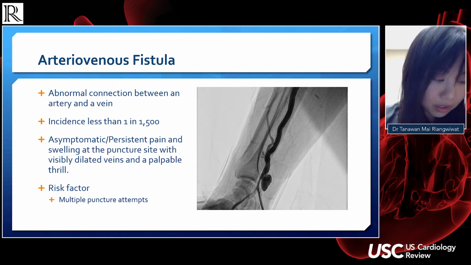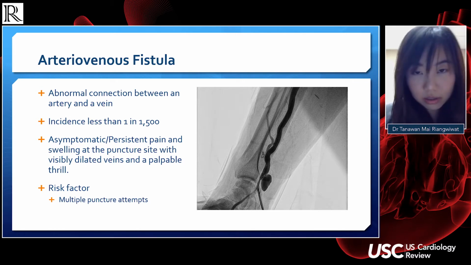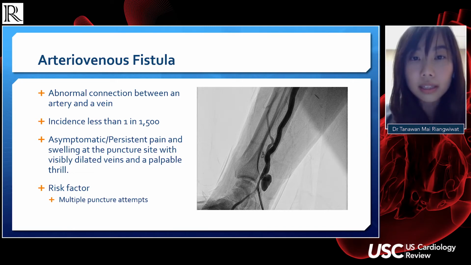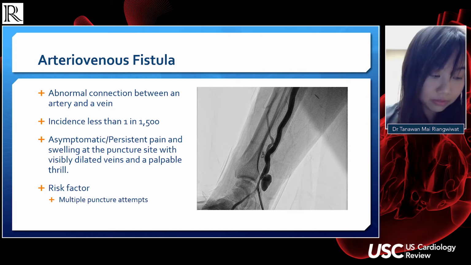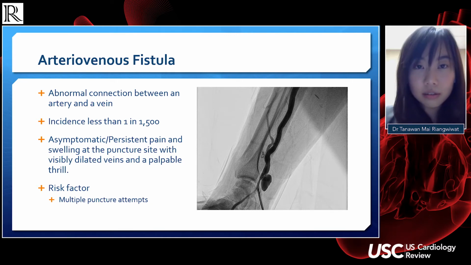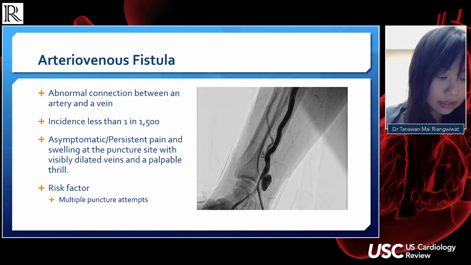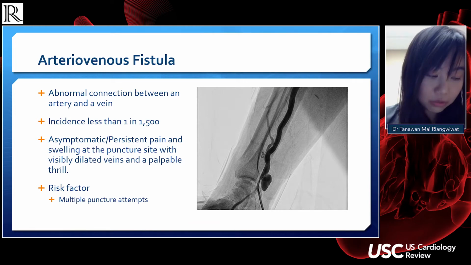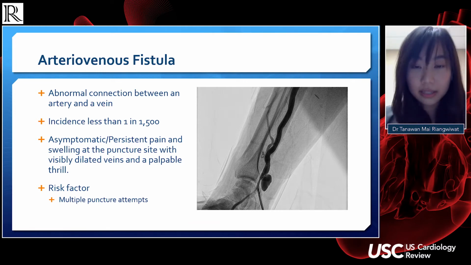So the treatment and prevention of it is similar to dissections and perforation. Usually the catheter will tamponade the fistula. If not, then you use external compression. The indications that surgical repair will be needed are symptomatic arterial steal phenomena, venous congestion of the extremities, or a high output cardiac state.